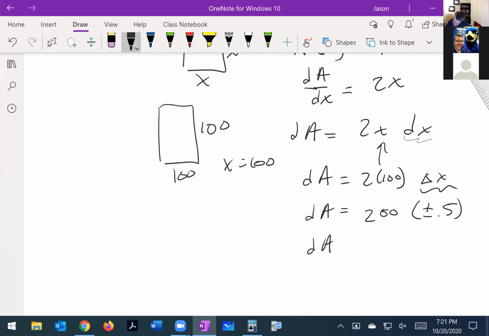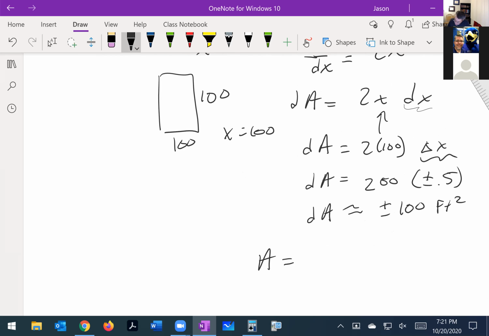So what's the change in area? Well, the change in area is approximately 200 times plus or minus 0.5, that's plus or minus 100 square feet. That's a lot. Now, is that a lot? Well, think of it like this.